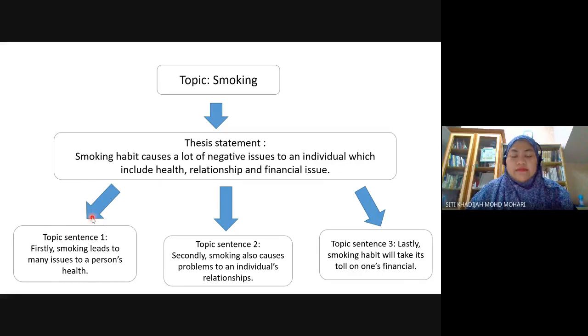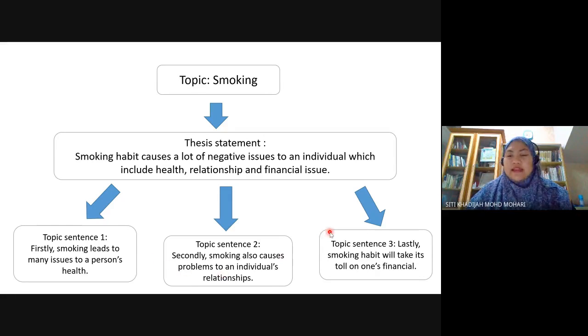And then further on, for the first body paragraph, isi kandungan pertama. For the paragraph, you have the first topic sentence. Firstly, smoking leads to many issues to a person's health. This is, for instance. Another example, the second topic sentence: secondly, smoking also causes problem to an individual's relationship.